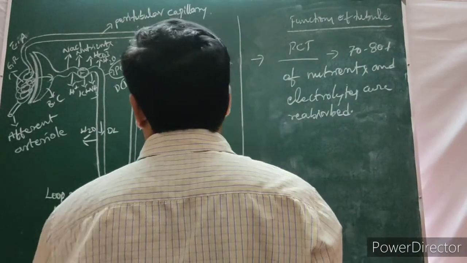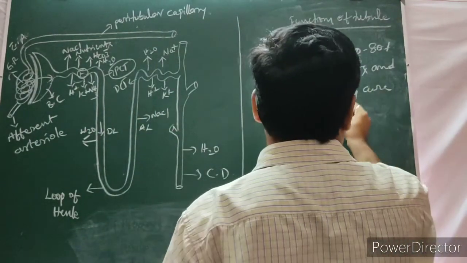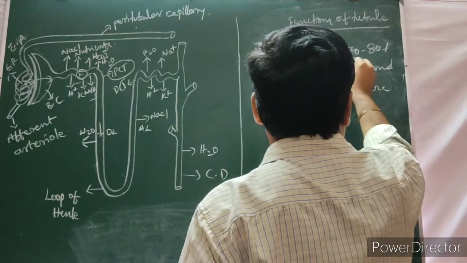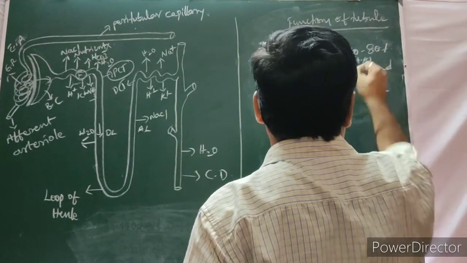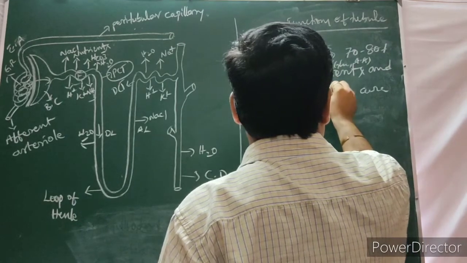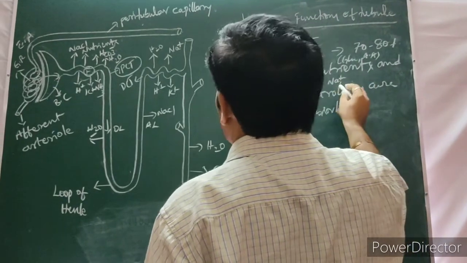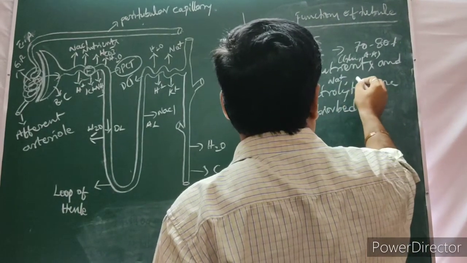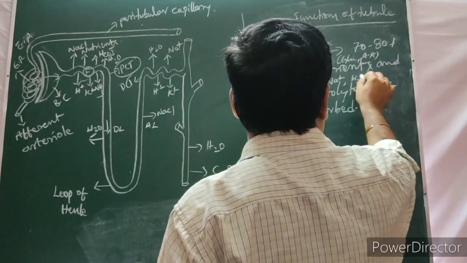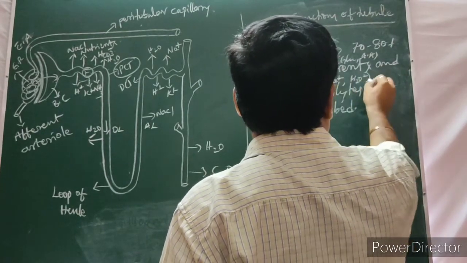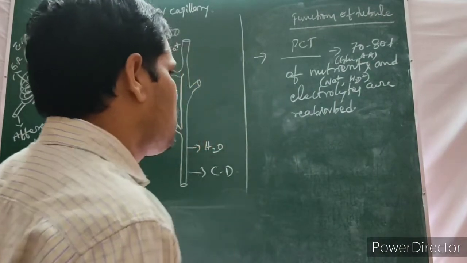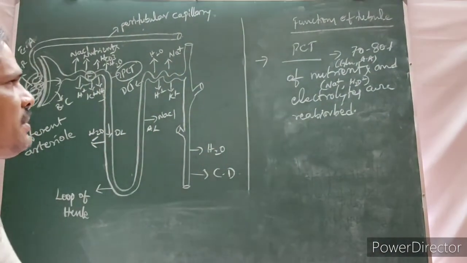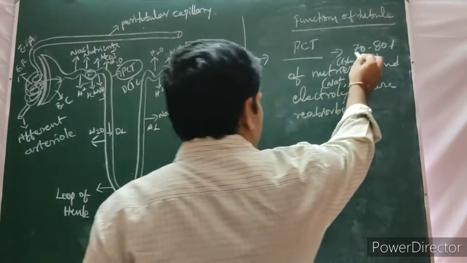What do nutrients mean? Glucose, amino acids are the nutrients, and electrolytes means sodium is one of the electrolytes. Along with the electrolytes, water is also reabsorbed. How much? 70 to 80%.